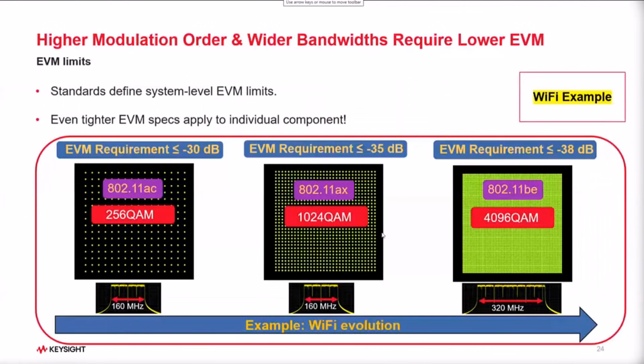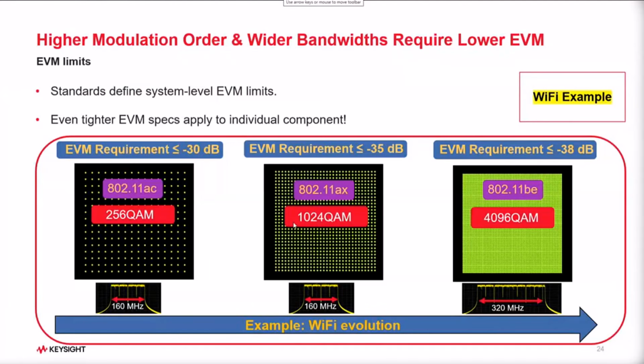Okay, so just to give you a picture, Wi-Fi is an example. Your EVM requirement gets more and more stringent with denser modulation. So if you're working at 256 QAM, your system will say, give me EVM of less than minus 30 dB, which corresponds in percentage to approximately 3%.